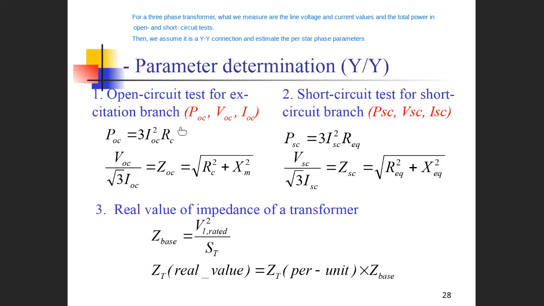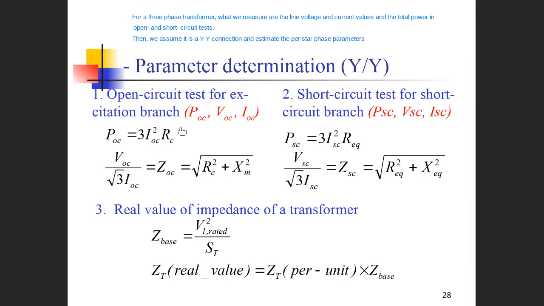Then we gradually apply the rated line voltage to the low voltage side of the three-phase transformer. All three line voltages are applied so that the system is balanced, not just one line with the other two open.